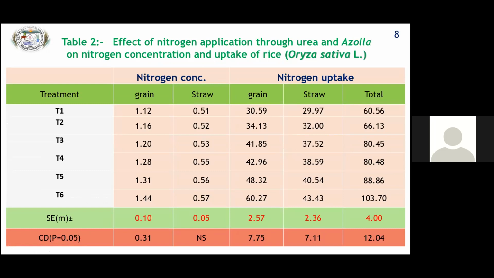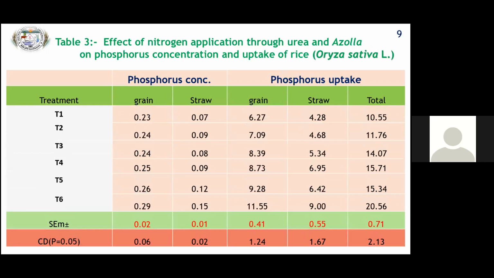For Azolla, there is better availability of nitrogen due to the narrow C:N ratio, which helps in the mineralization of the nitrogen, and it enhances the activity of the microbes which play a role in nutrient cycling for better uptake by the plant. It releases organic acid. If we look at phosphorus concentration, here also there is a 53% increase in the straw phosphorus concentration when we compare the T6 integrated treatment over the control.